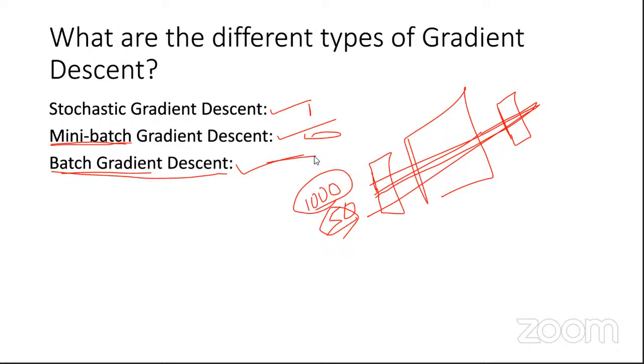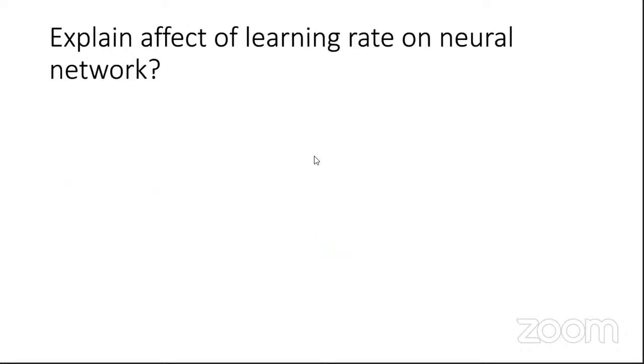Okay, let me go to the next question. Explain the effect of learning rate on a neural network. How does learning rate affect the neural network?